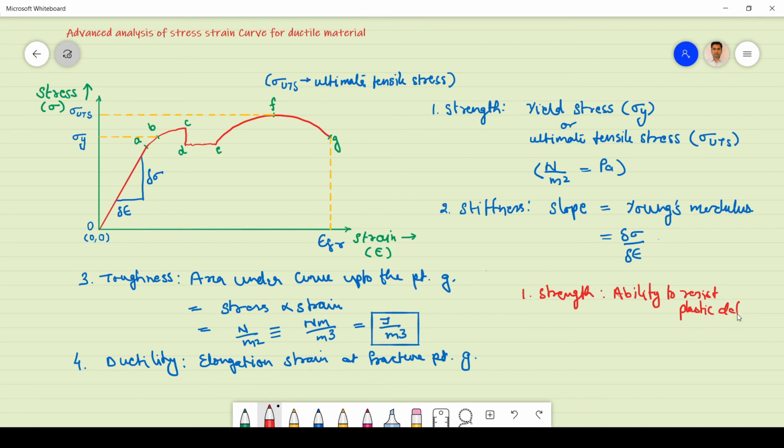What is stiffness? Second point. From our analysis, we can again say stiffness is the ability to resist elastic deformation.